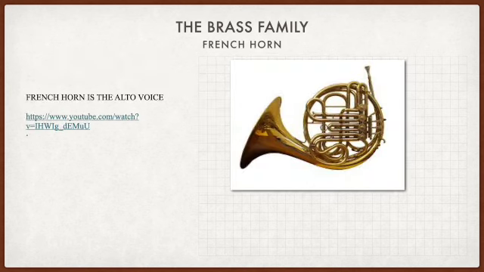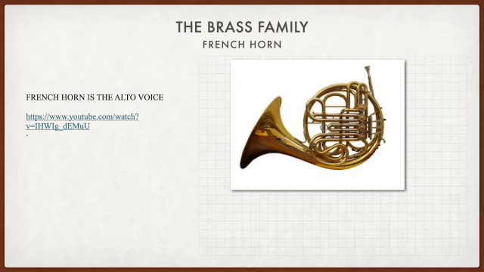The alto voice of the brass family is the French horn. And the French horn is a connecting instrument. It connects the trumpet to the trombone in pitch, not only in pitch but also in timbre. It can sound like a low trumpet or a high trombone.